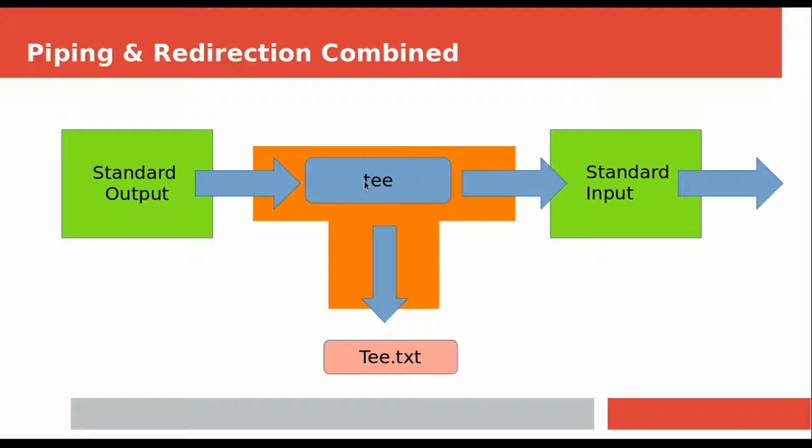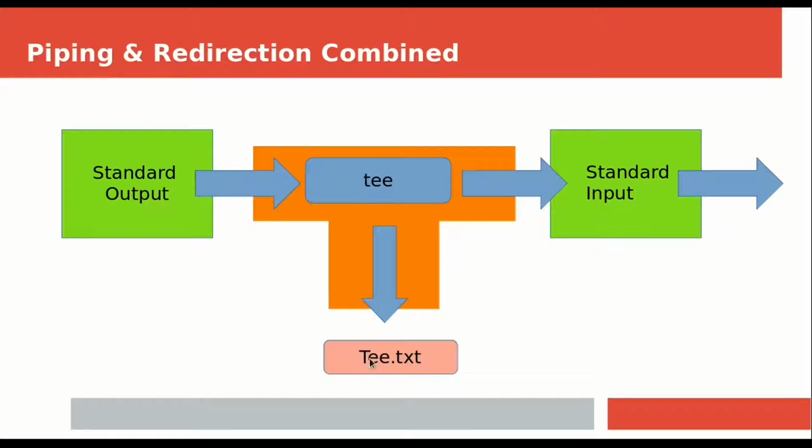As the name says, tee, this is the alphabetical T that I have tried to make over here. This command takes the standard output from one command, and before passing the standard output as standard input to the other command down the pipeline, it helps us to store the data in a file, t.txt or whatever name you can give.